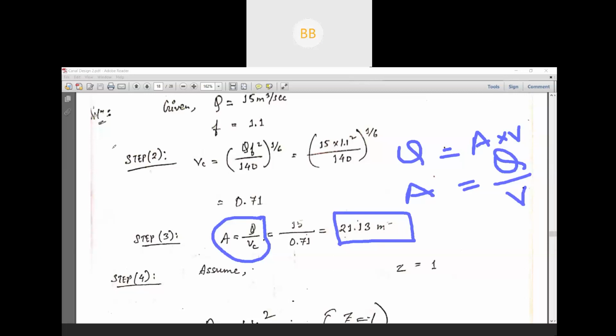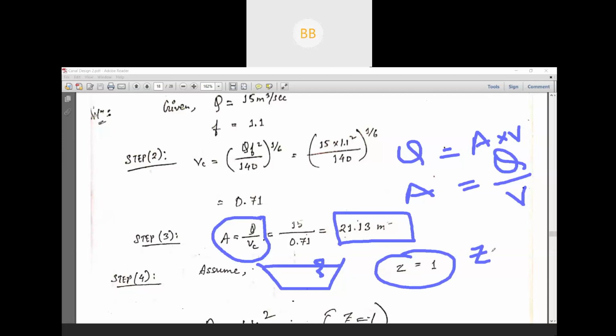In the next step, the shape of the channel is not given, so we are going to consider a trapezoidal channel. The side slope of the channel is not given, so we consider z equal to 1.